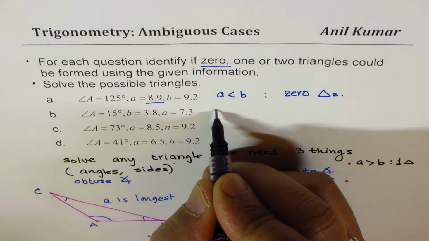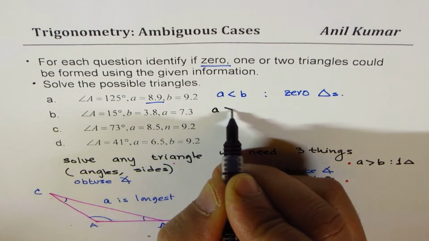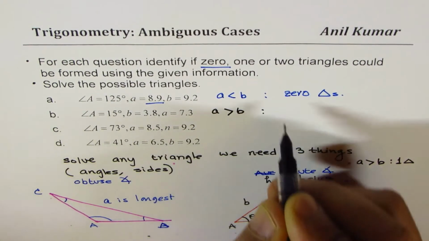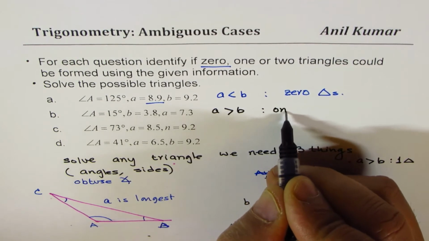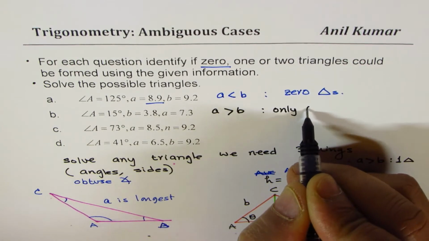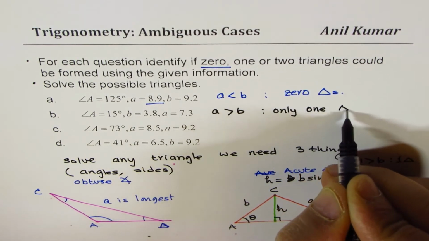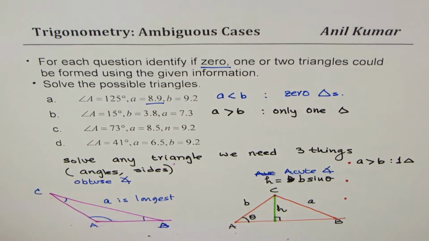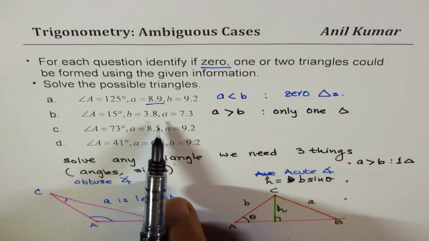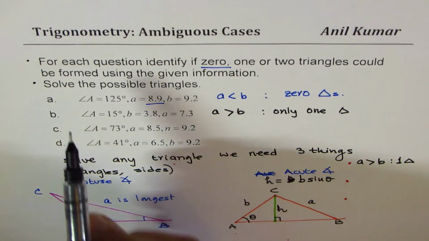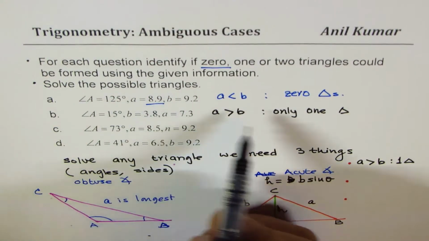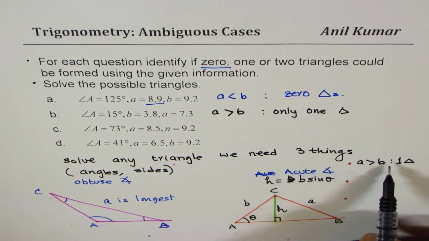And what we see here is that A is greater than B. Now in this case, we can make only one triangle, like shown here. Do you understand? Only one triangle, and we'll calculate all the values of this triangle, because the second part is solve the possible triangles. We'll do that. So that is the first case.